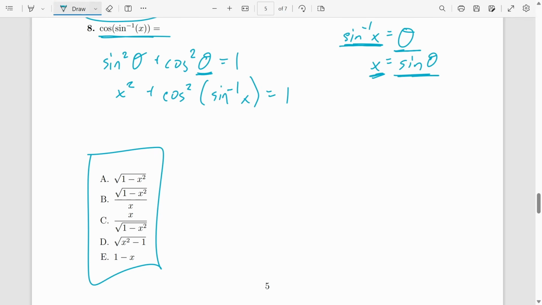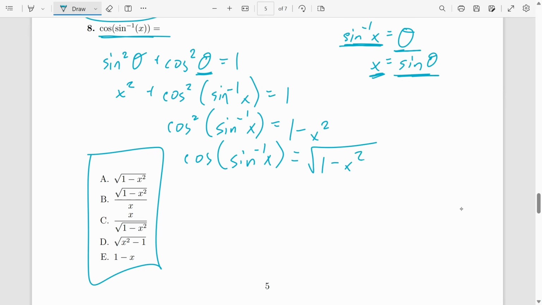So if we subtract x squared from both sides, we get cosine squared of inverse sine of x equals 1 minus x squared. And then we can square root both sides. So cosine of inverse sine of x equals the square root of 1 minus x squared. So that is the answer, A.